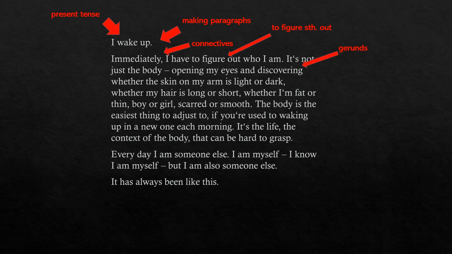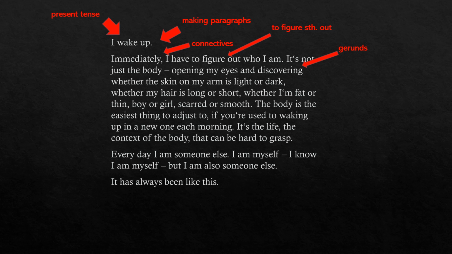Next thing I want to point out are gerunds. You have 2 here, opening and discovering. So remember, a gerund is a verb that becomes a noun. It's not just the body is a noun, but it's also opening my eyes and discovering. So the verbs to open and to discover become nouns here. And again, if you understand this, you probably understand the sentence, make some sentences using this.